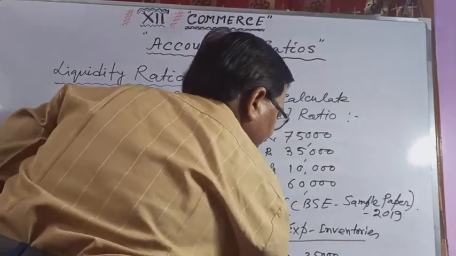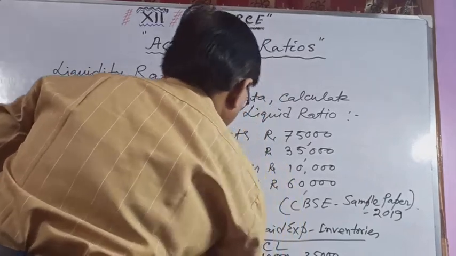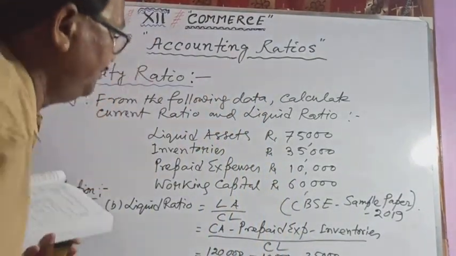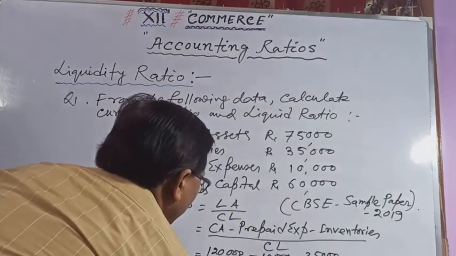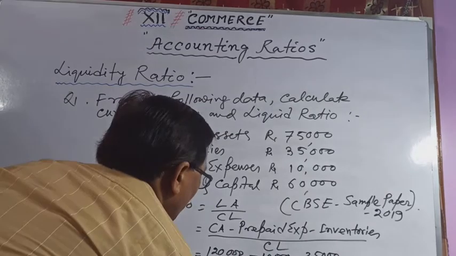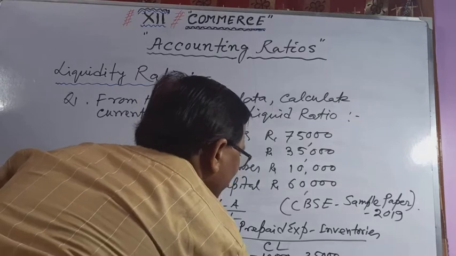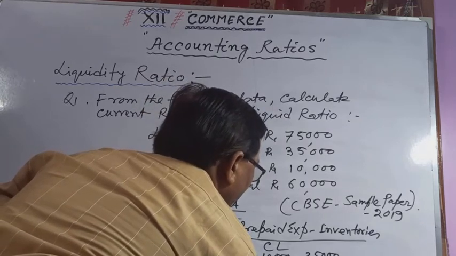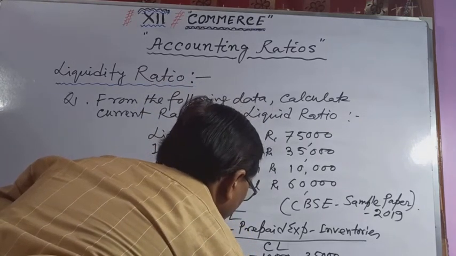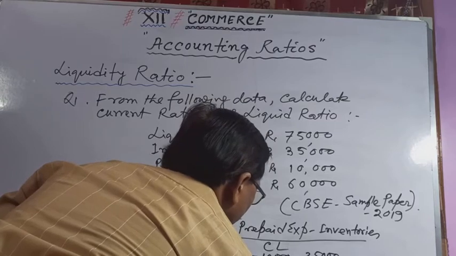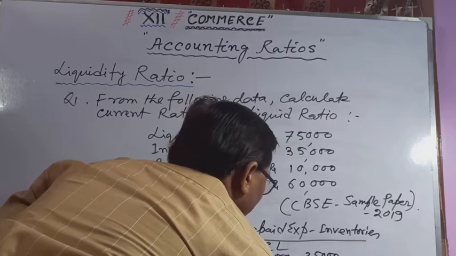Therefore liquid assets equal to 1,20,000 minus 45,000 by 60,000.